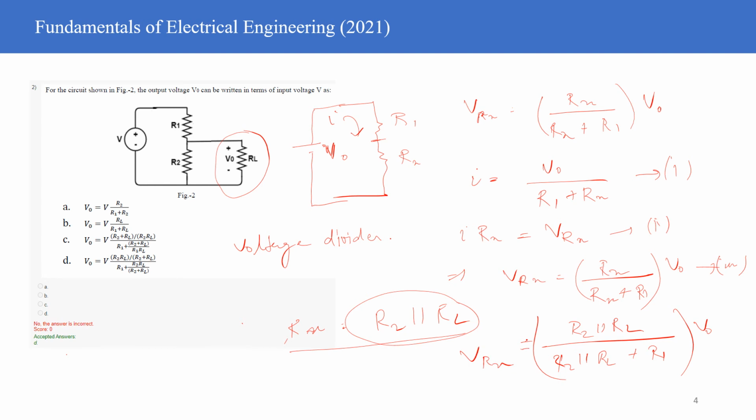Now figure that out in this particular set of options. That is evident from here. It's case D, right? Because R2 parallel RL is this term, and R2 parallel RL plus R1 is here, multiplied with V naught. So case D is the answer, correct?